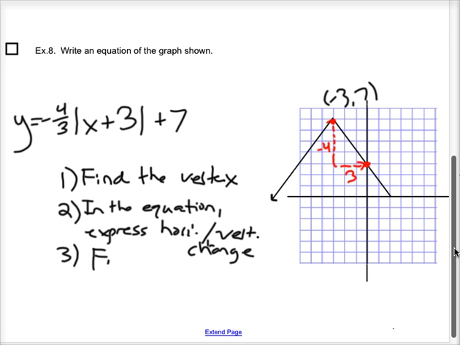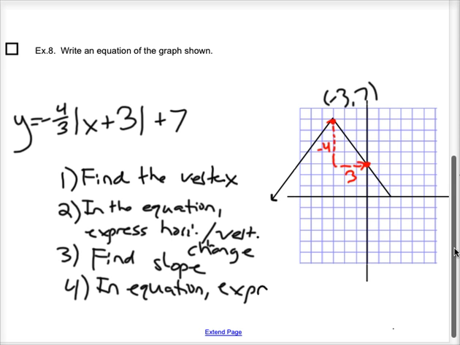Next, find the slope, which allows you to, in the equation, express that as the vertical stretch. So that's how you go backwards in writing these things.